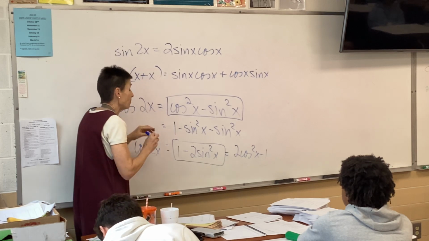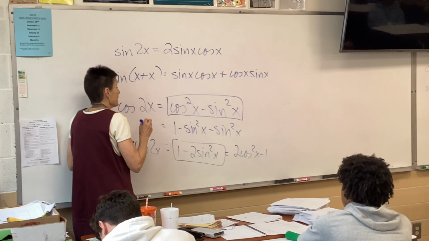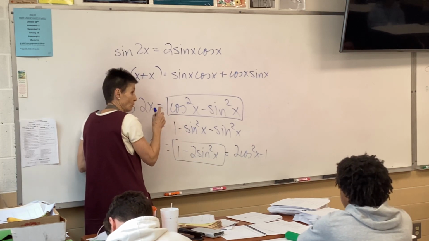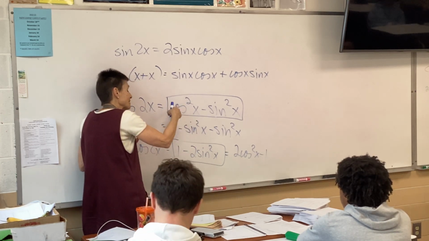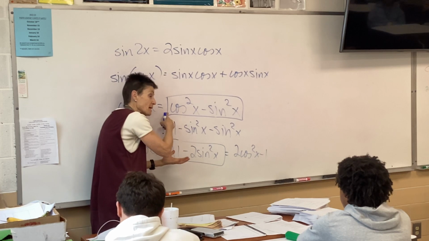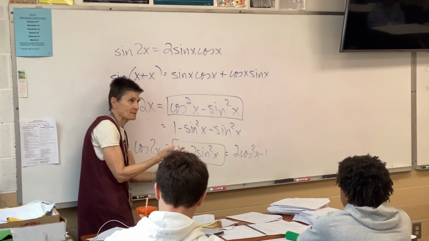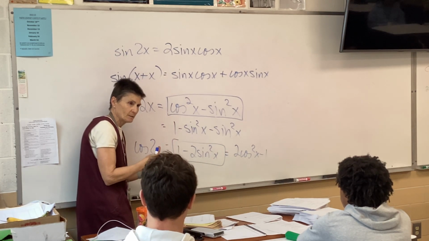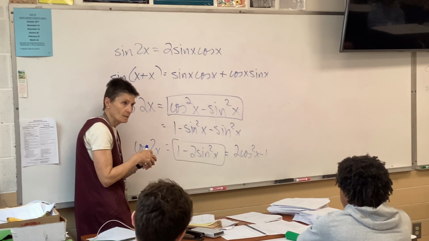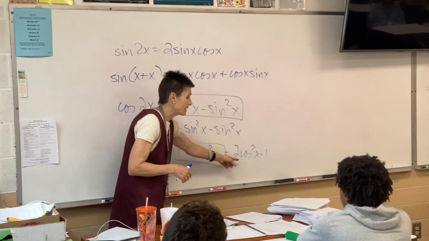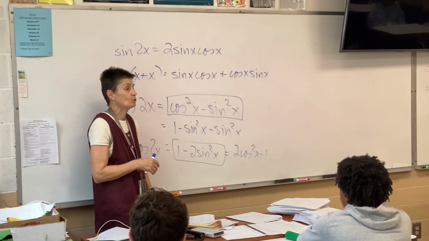If the problem is doable, it will always be doable with any of them. It's just using this one might be 2 steps and doing this one might be 5 steps. It's a matter of efficiency. But all of these are identities for the cosine of 2x.